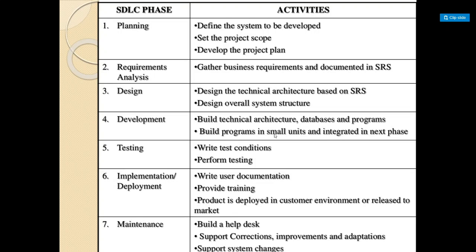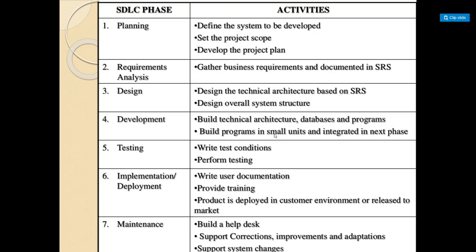When the testing is completed, it is accurate, whatever answers you're getting are right, or the software behaves in the way that was required, then the testing is done and the implementation part comes. That is, you are handing over your software to the customer, or whoever is the stakeholder who wants to use it.